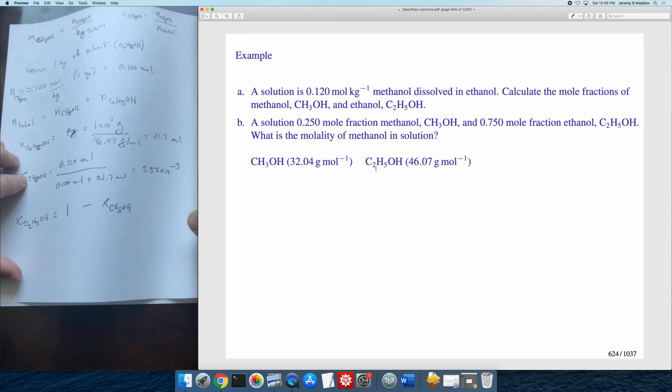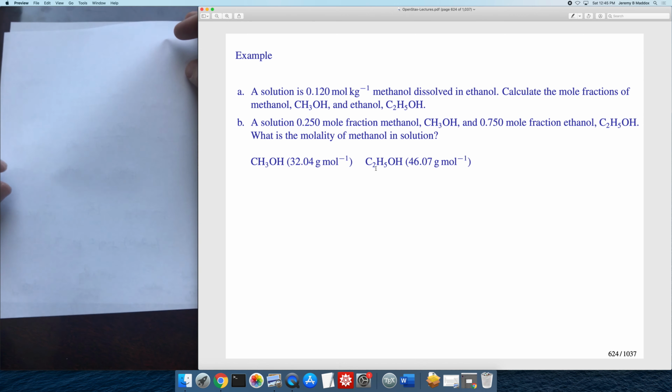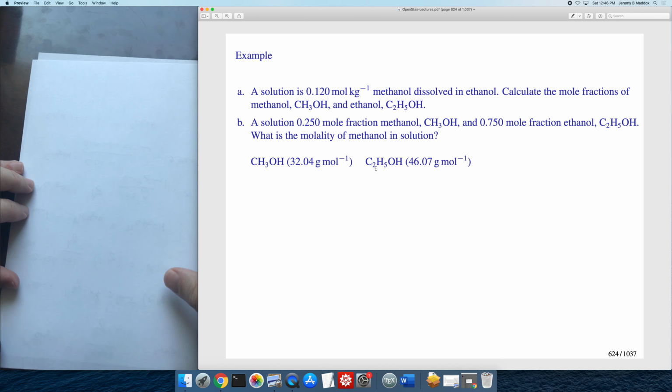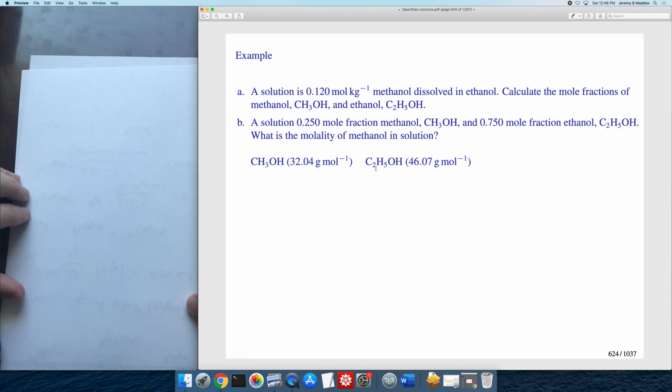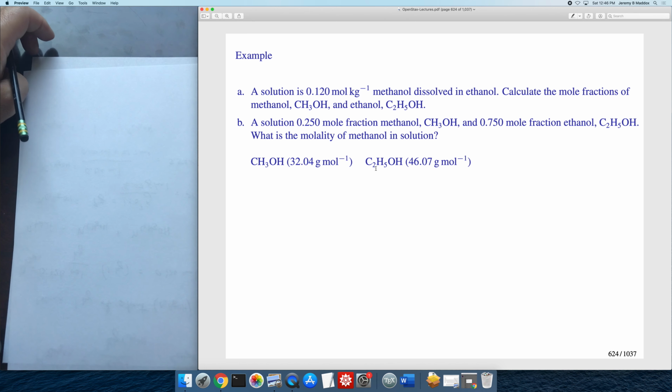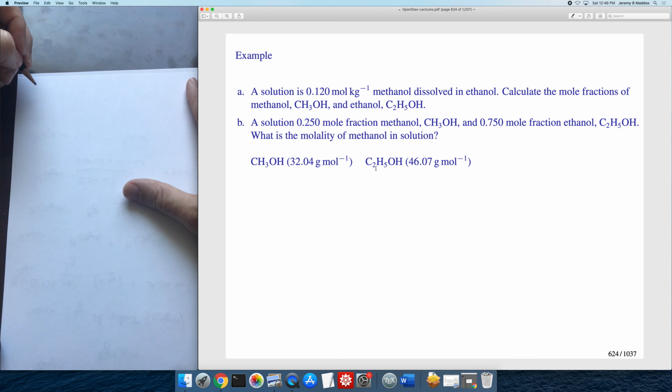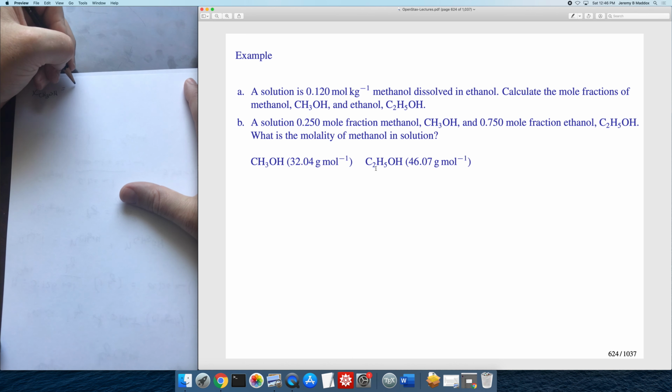Now in the follow-up problem, we are going to do it the other way. We're going to go from mole fraction to molality of methanol. So we've got the mole fraction of the methanol. I'll write it out again.